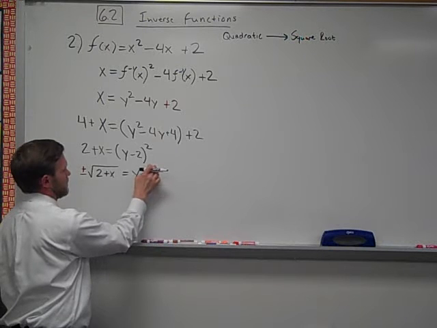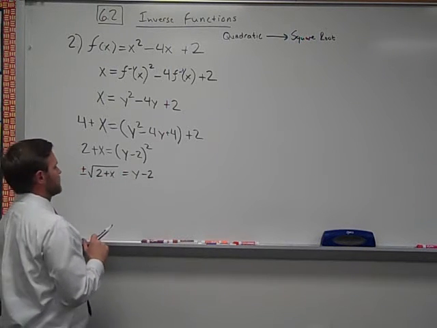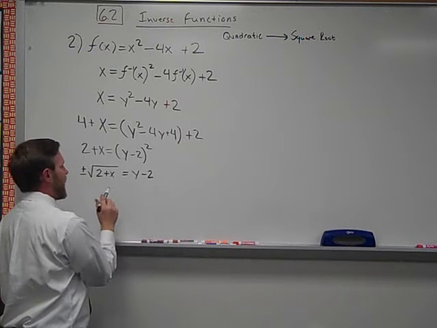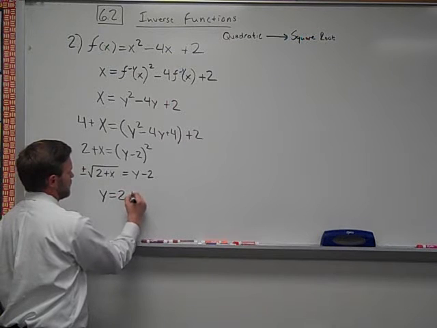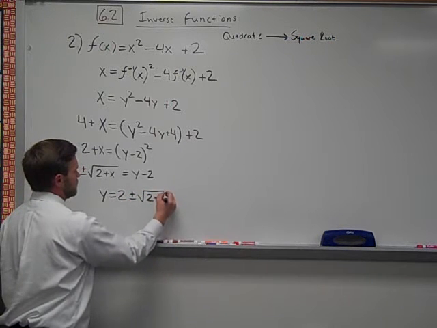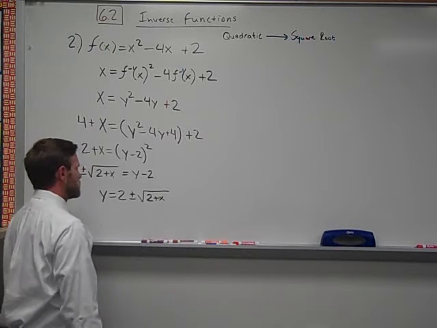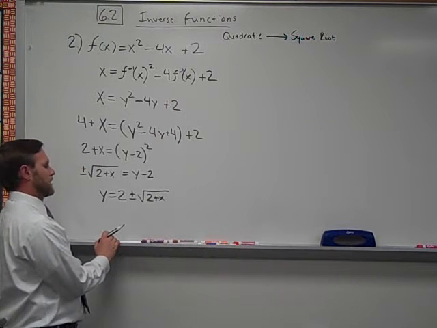I lost the exponent of 2. And remember, when we take the square root, you need the plus or minus. So then I'm really close. All I have to do is add 2 on both sides. So I get y equals 2 plus or minus the square root of 2 plus x.